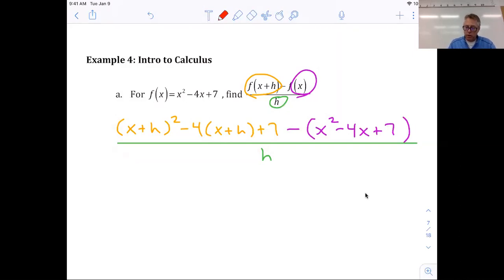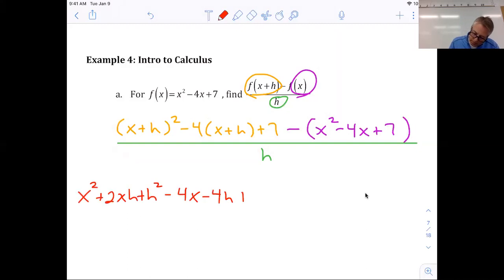But now we need to do a little algebra to clean this whole thing up. I have to FOIL f of x plus h. When you do that, you get x squared plus 2xh plus h squared. Then I have to distribute the negative 4. So it's going to be minus 4x minus 4h.